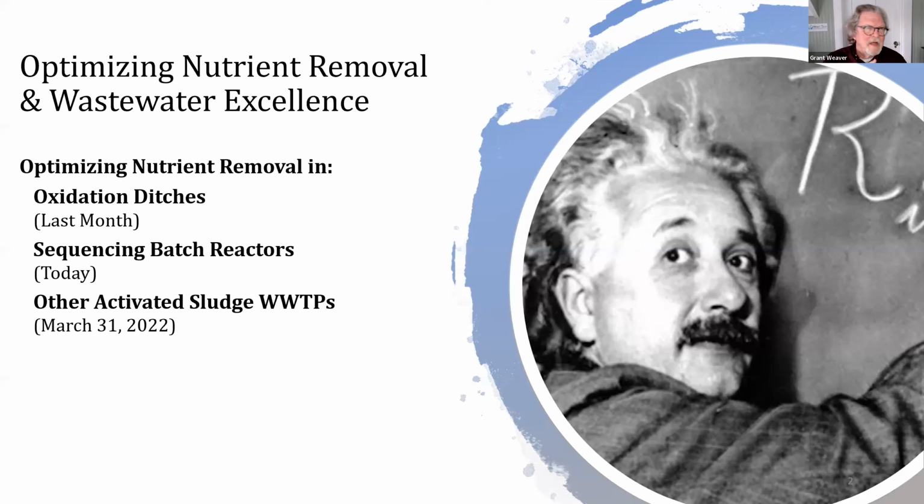The context of all these discussions is milking nutrient removal out of plants, with an emphasis on those not really designed for it. So I hope I'm opening the door in many of your minds to the possibility that you can get more nutrient removal out of your facilities than you're now getting, with some operational changes. Hopefully that will incentivize and encourage that kind of thinking at the treatment plant.